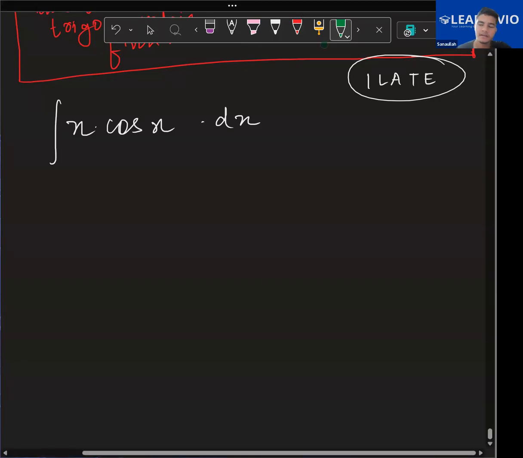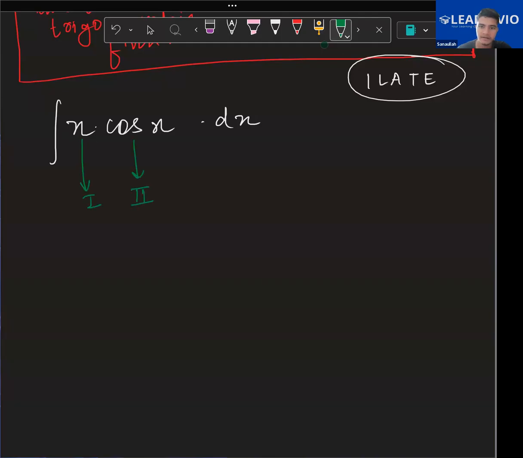This x is algebraic, and cos of x is trigonometric. So algebra is before trigonometry. So my x को first function मानूंगा, and this I will consider as a second function.